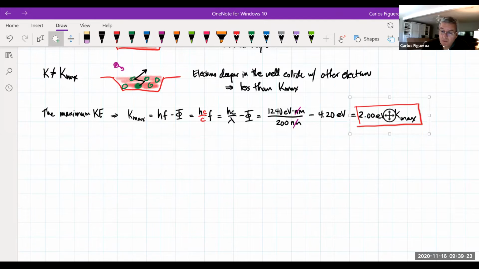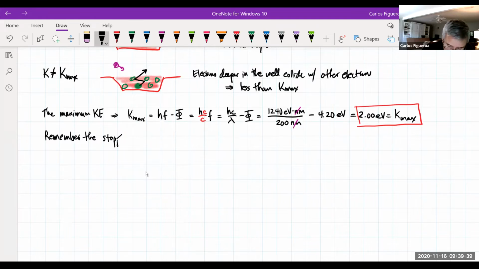But what we're really talking about, though, is that, remember, the stopping potential is related to Kmax.